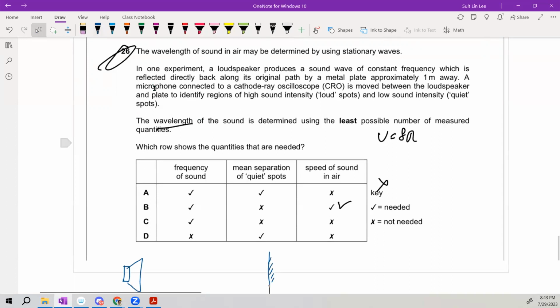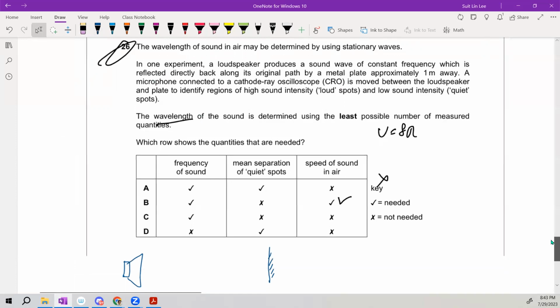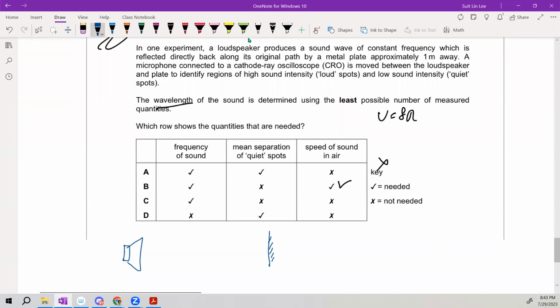We're going to move a microphone connected to a CRO to identify regions of high sound intensity, loud spots, and quiet spots. The wavelength of sound is determined using the least possible number of measured quantities. Which row shows the quantity that is needed?